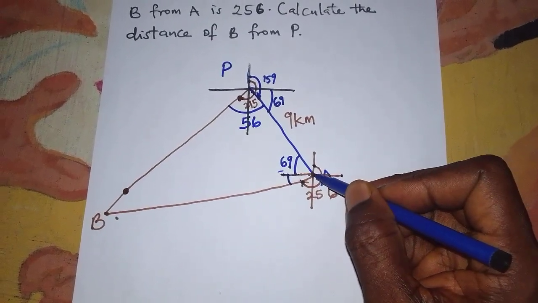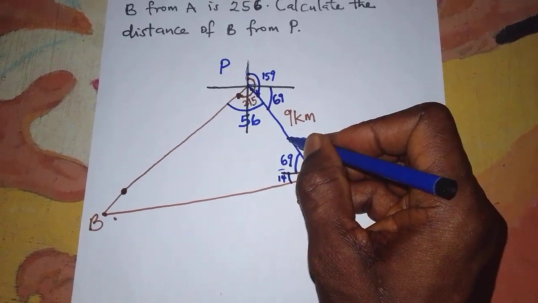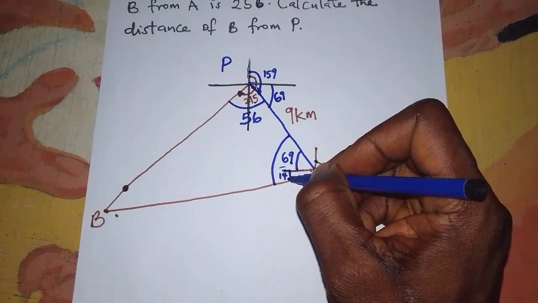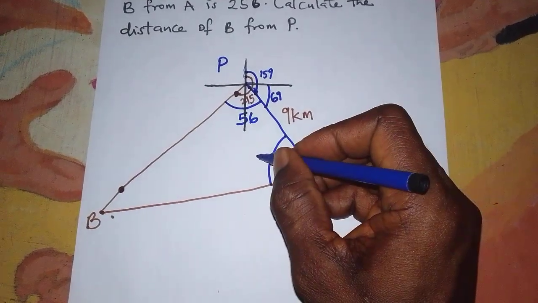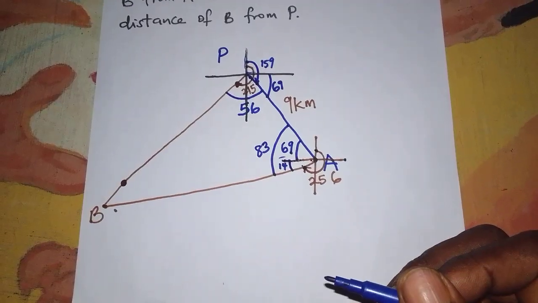So 270 minus 256 gives you 14. The total angle here is 69 plus 14, which gives you 83.